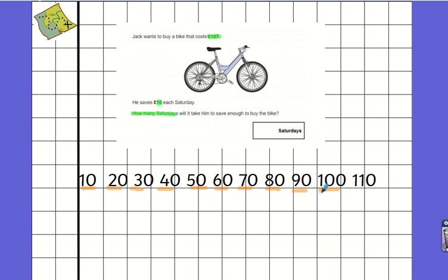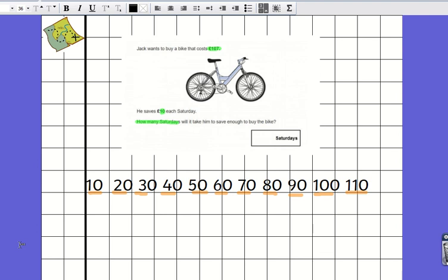If he stops at this Saturday, is he going to have enough? So he needs to have more than enough. So he would need to save for this Saturday as well before he could buy the bike. So that is 11 Saturdays, okay? Again, you can work that out. Even though I have shown you on here, I still want to see that worked out, okay?